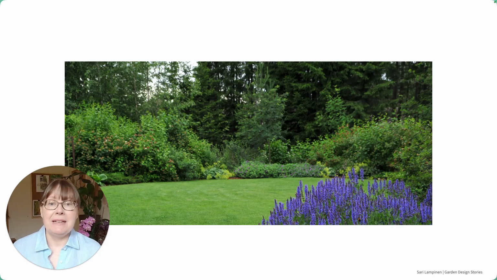And everything feels much softer. And I think it's very important when you have this different kind of landscape that you build the transition between those areas. So this is more like a garden design question, not a planting question.